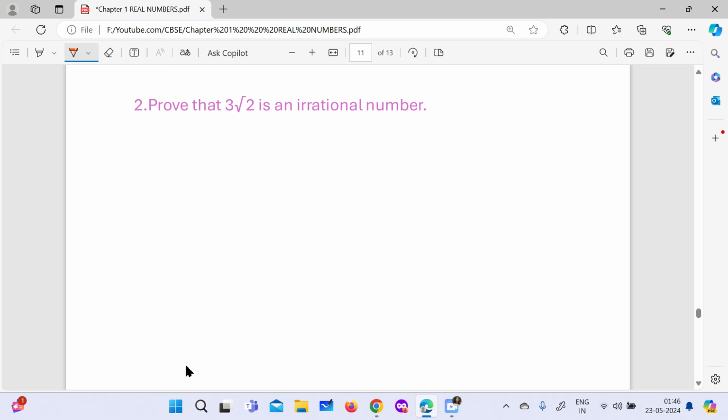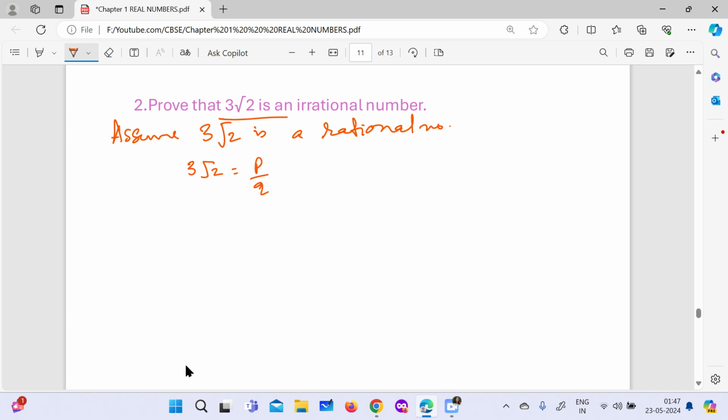Now, your next question is, prove that 3 root 2 is an irrational number. So, again, we are going to prove it by contradiction only. So, let's assume 3 root 2 is a rational number, right? If this is a rational number, then we can write 3 root 2 is equal to p over q.